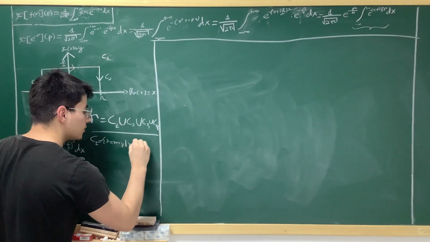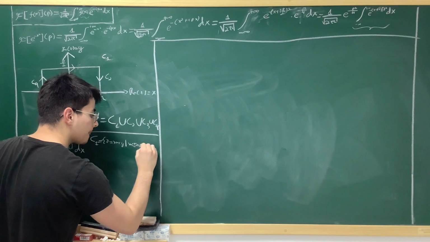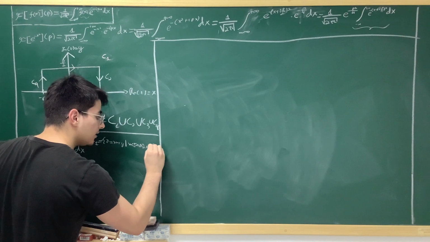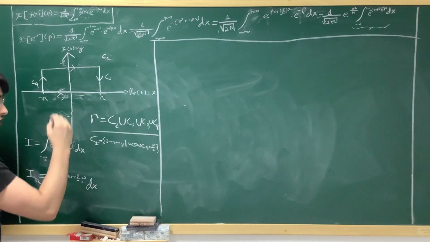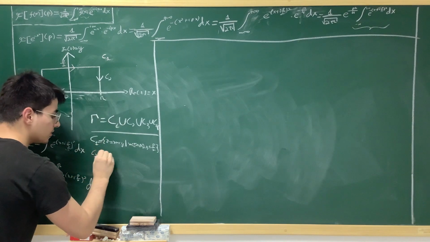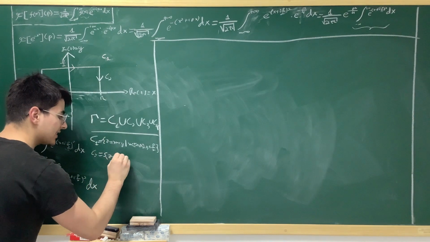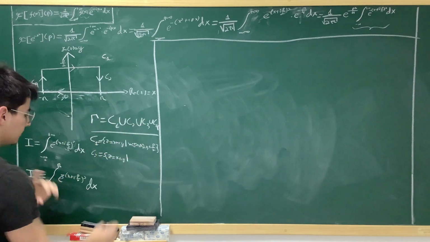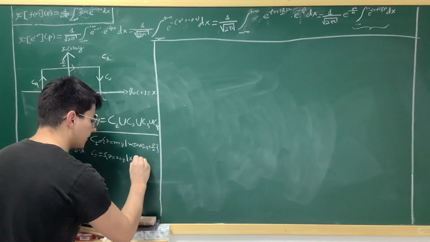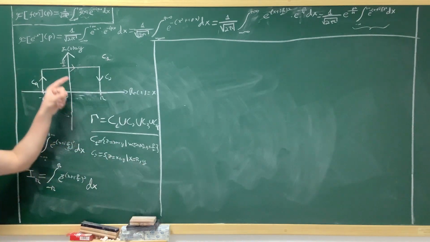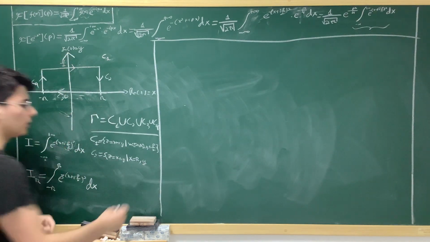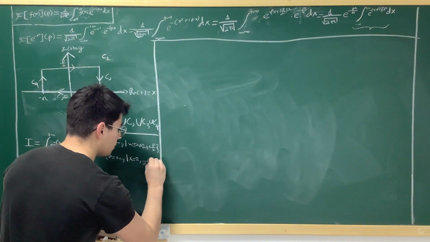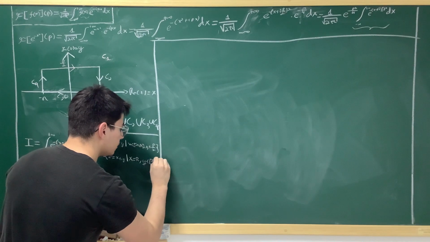Our second curve, C2, is the set of all complex numbers x plus iy such that x is always equal to r, and y goes from p over 2 to 0.